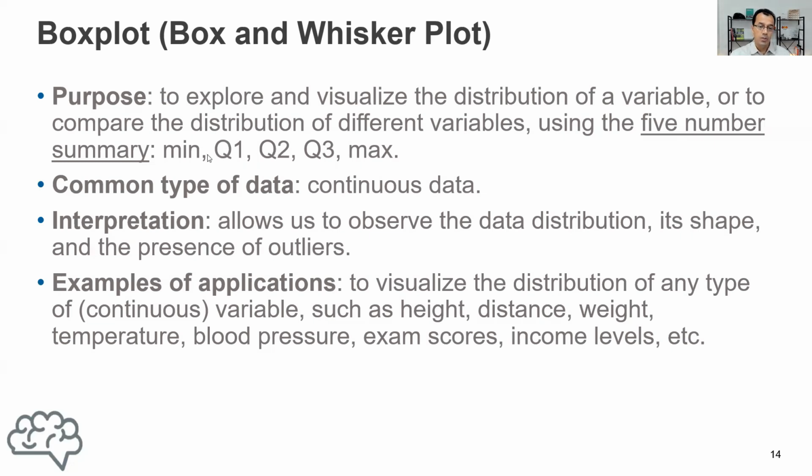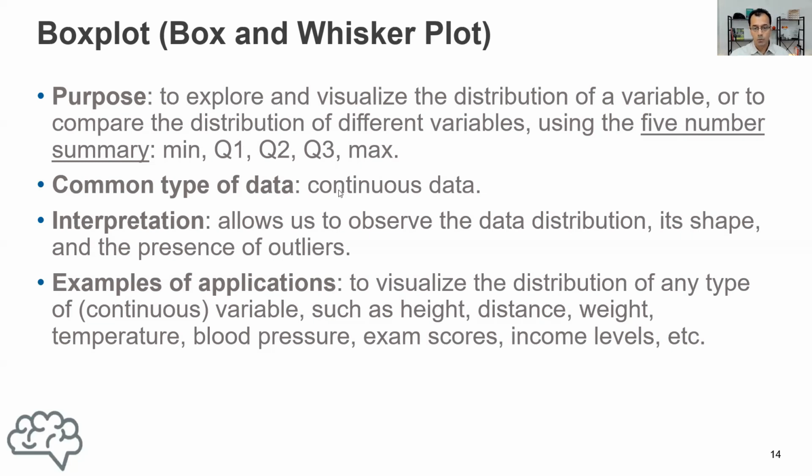Right? So when you take all the values of a variable, you order them, you divide them into 4 parts, and you have the quartiles dividing each of the 4 parts. We'll see that in the following slide. And this is called the 5-number summary of the variable.